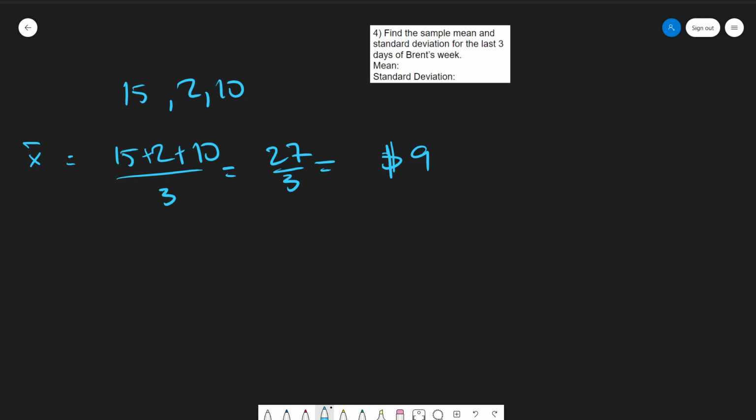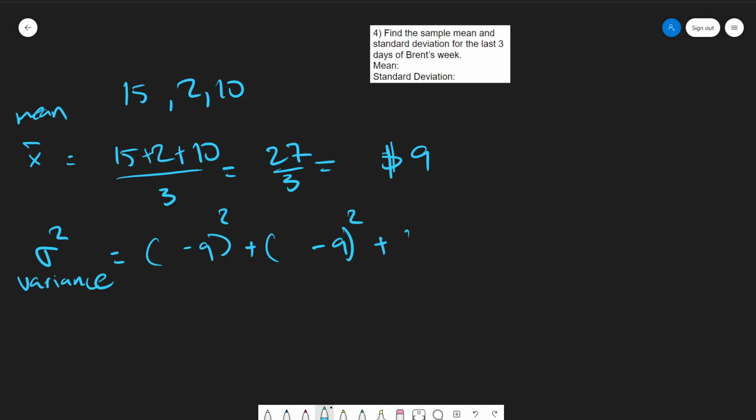And then we've got to find our standard deviation. So let's find our variance first. And how do we do that? We're gonna subtract by the mean and take to the power of 2 over and over again. And we're gonna subtract each of our terms. So we're gonna subtract 15, then we're gonna subtract 2, and then we're gonna subtract 10.